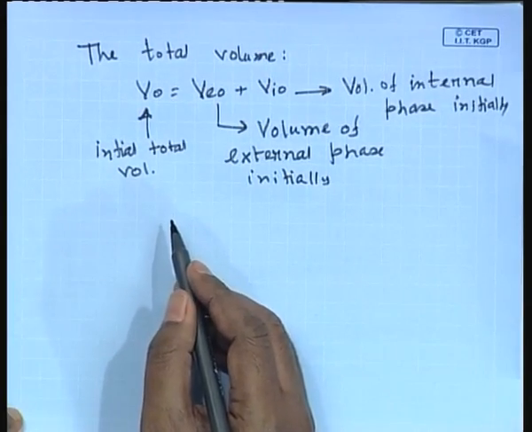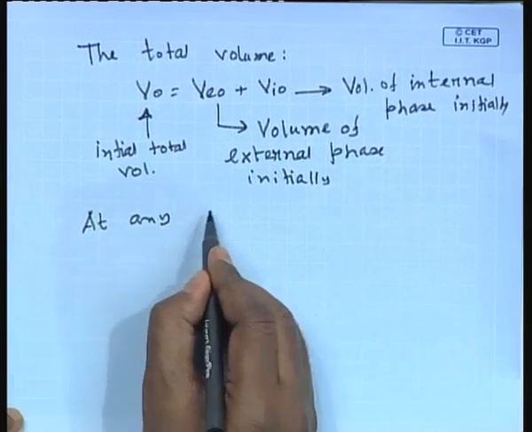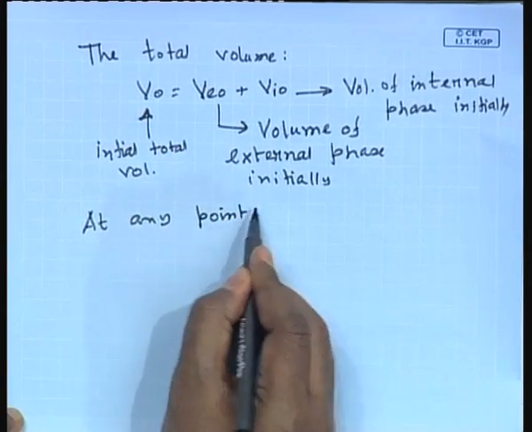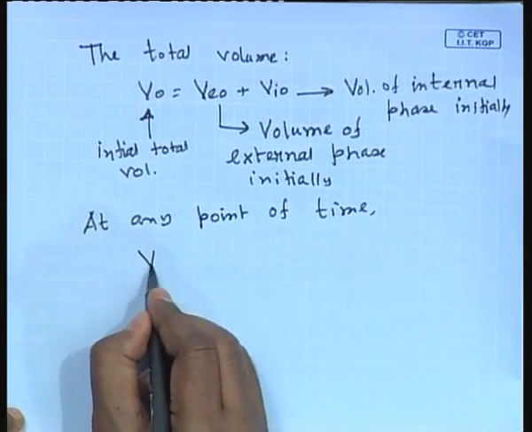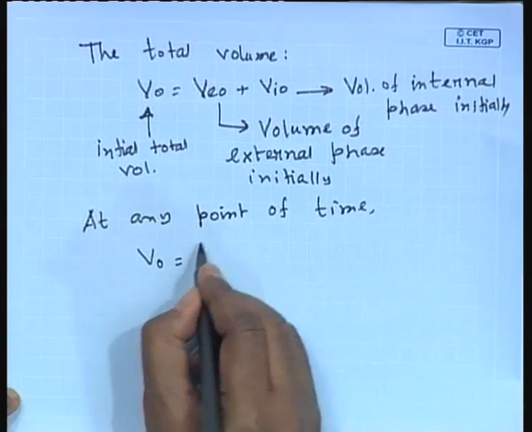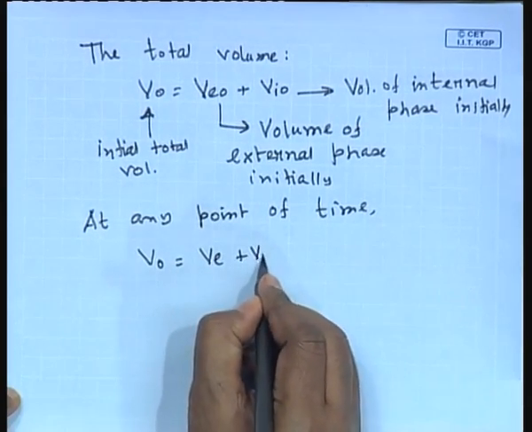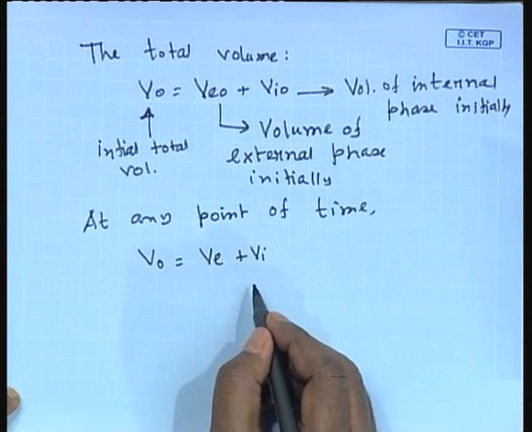Now, at any point of time, the total volume V0 will remain the same, right. V0 is equal to V_E plus V_I. V_E is the external phase volume at any point of time, V_I is the internal phase volume at any point of time.